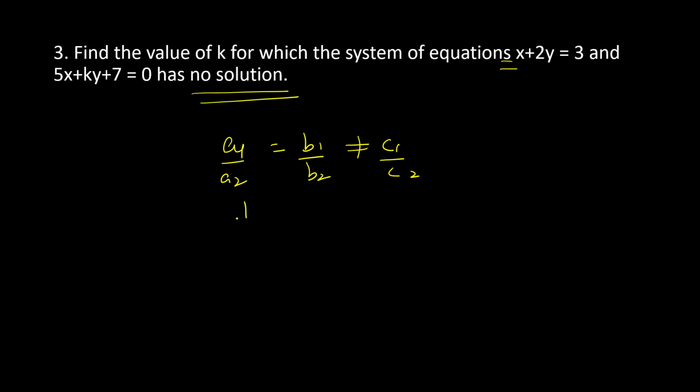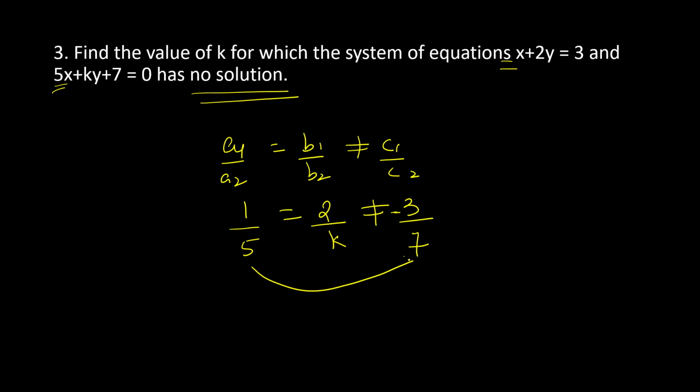Coefficient of x, which is 1. a2 would be coefficient of x in the second equation, which is 5, is equal to b1 by b2, 2 by k, and it should not be equal to c1 by c2, which is the constants. So you have minus 3 by 7 here as a ratio of the constants.